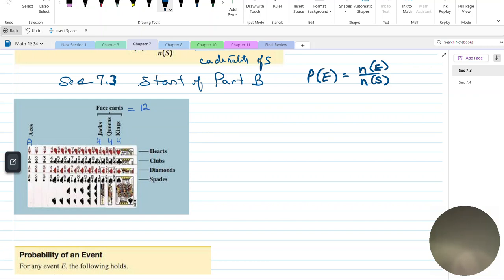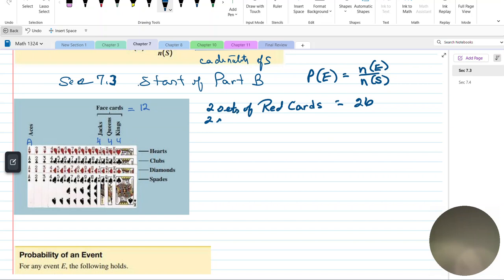But now we're getting into cards. For those of you that are unaware of cards, we have two sets of red cards, and they add up to 26, 13 and 13.